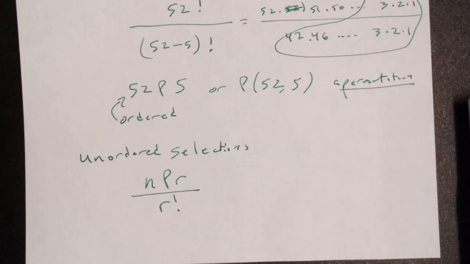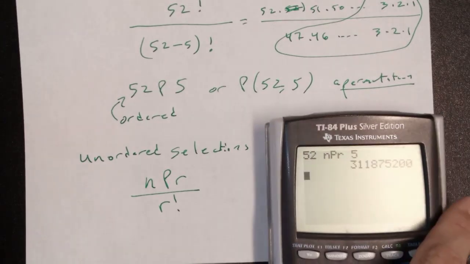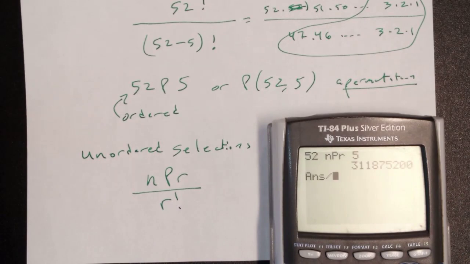So because I got 5 cards, I divided by 5 factorial. So if I take this number and I divide it by 120, because that's what you came up with, I get 2,598,960. 2.6 million.